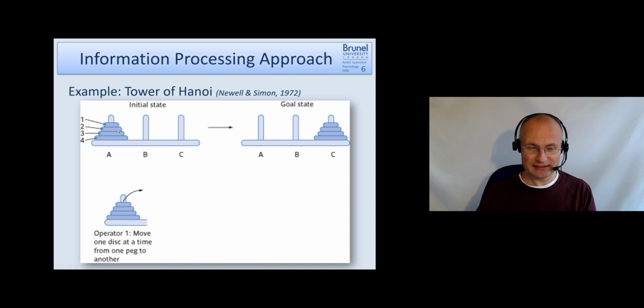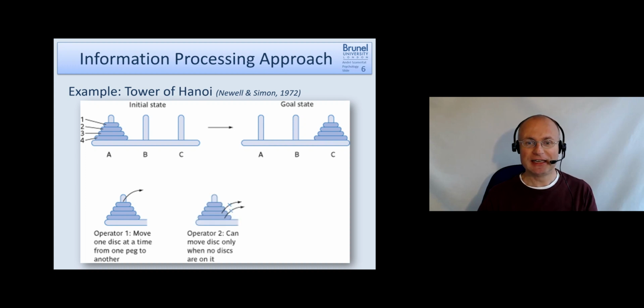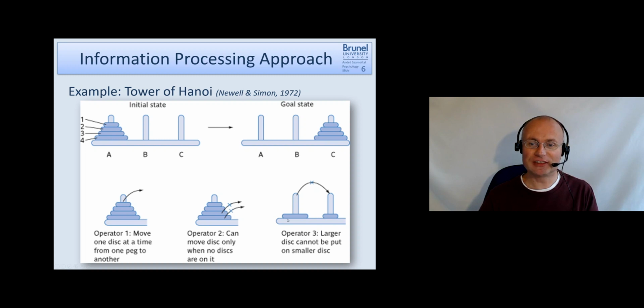One is that you are allowed to move only one disk at a time from one peg to another, and that you can only move a disk which is on top, so it's not allowed to have another disk on top of it. And you can't put a larger disk onto a smaller disk. It must always be smaller on larger.